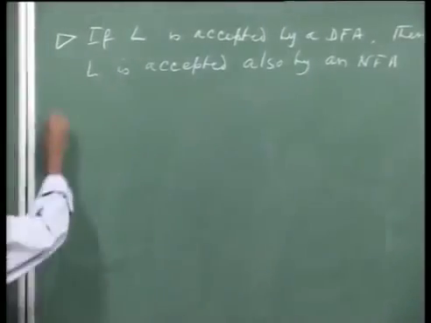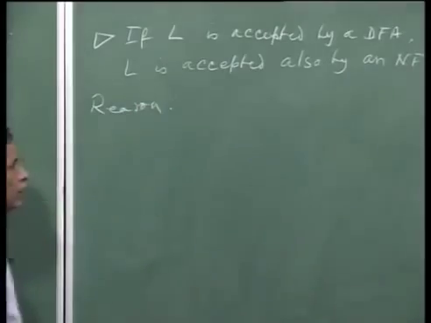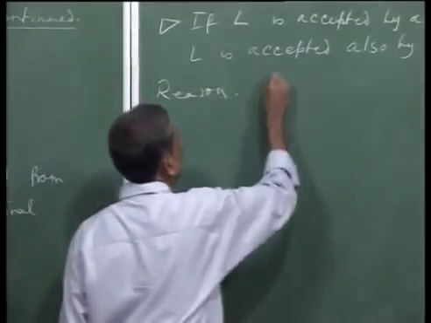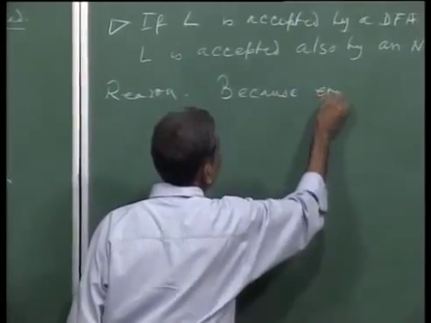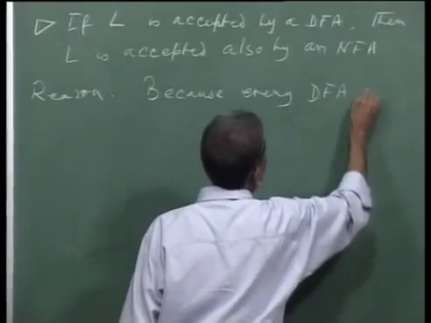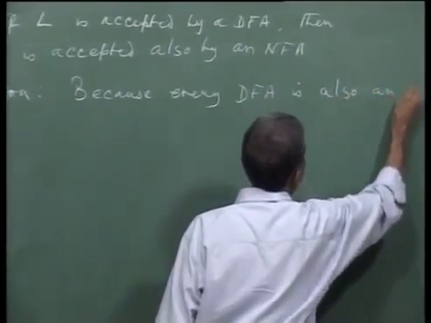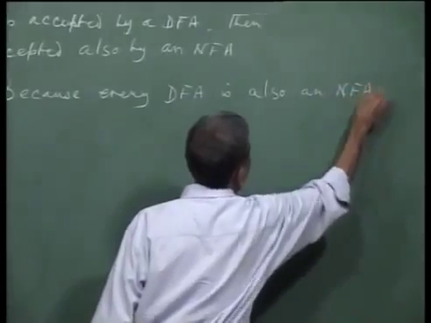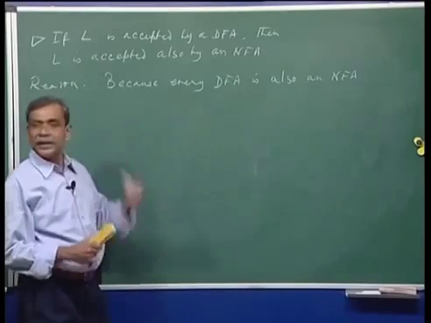Now, the reason for this is actually a trivial reason. Why? Because every DFA is also an NFA. Does this statement make sense? It does, because what is an NFA?